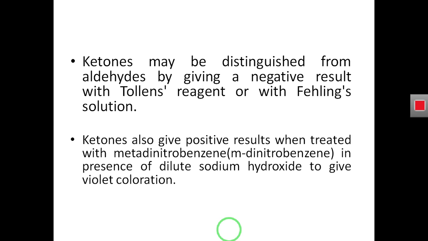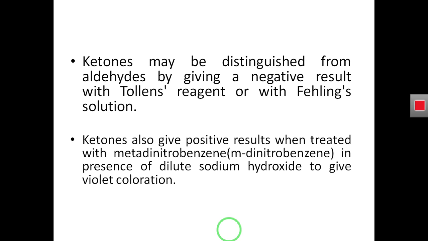And the ketone may be distinguished from aldehyde by Tollens reagent and the Fehling reagent. Means to differentiate ketone from the aldehyde, this is the test we perform in the laboratory. For this test we use Tollens reagent and Fehling reagent.